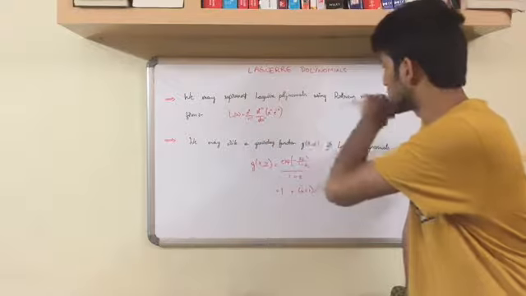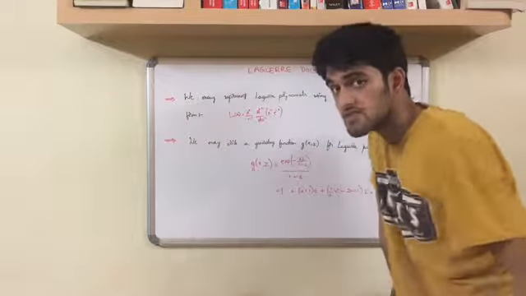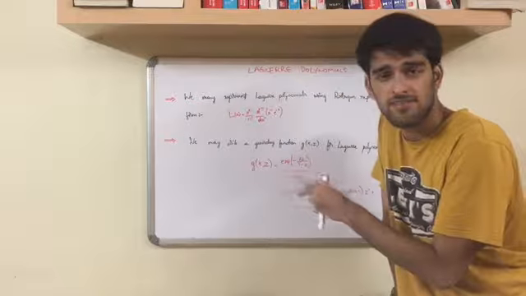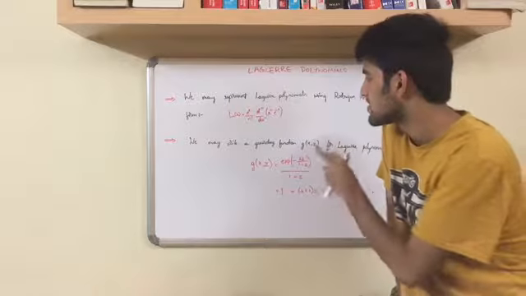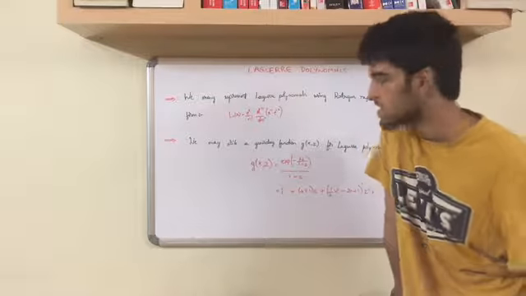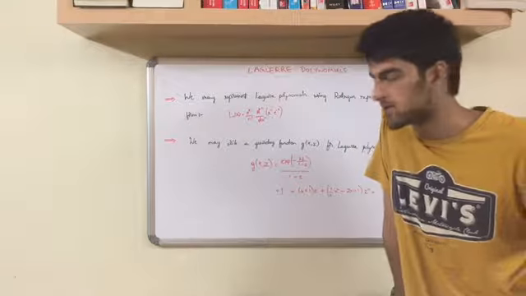Now we can look at a couple of ways we can represent Laguerre polynomials. One is the Rodrigues representation, which is Ln of x is equal to e power x by n factorial, d power n by dx power n of x power n e power minus x. That's the equation for the Rodrigues representation of the Laguerre polynomial.